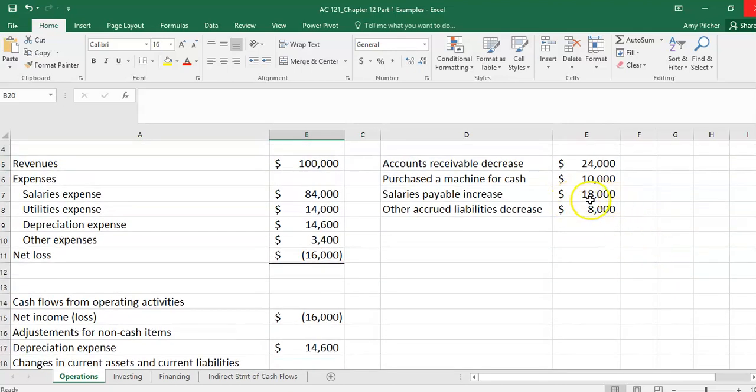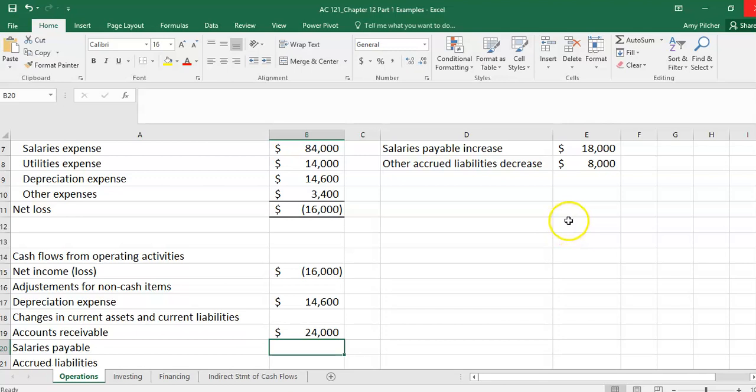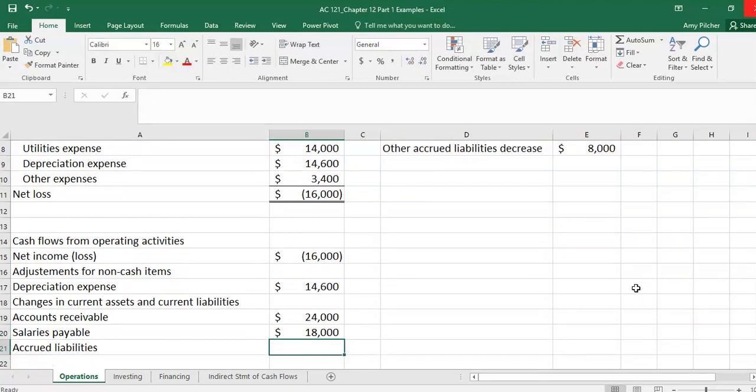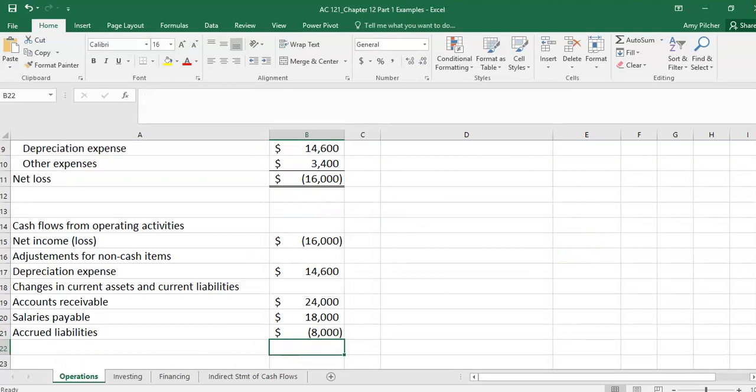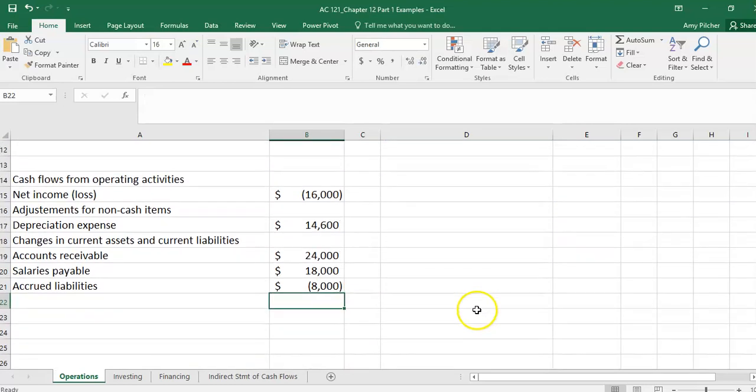Salaries payable increase. For current liabilities, when they increase, we add them in the statement of cash flows, and when they decrease, we subtract them in the statement of cash flows. So we're going to add that $18,000 for the salaries payable, and we're going to subtract the $8,000 for the accrued liabilities.